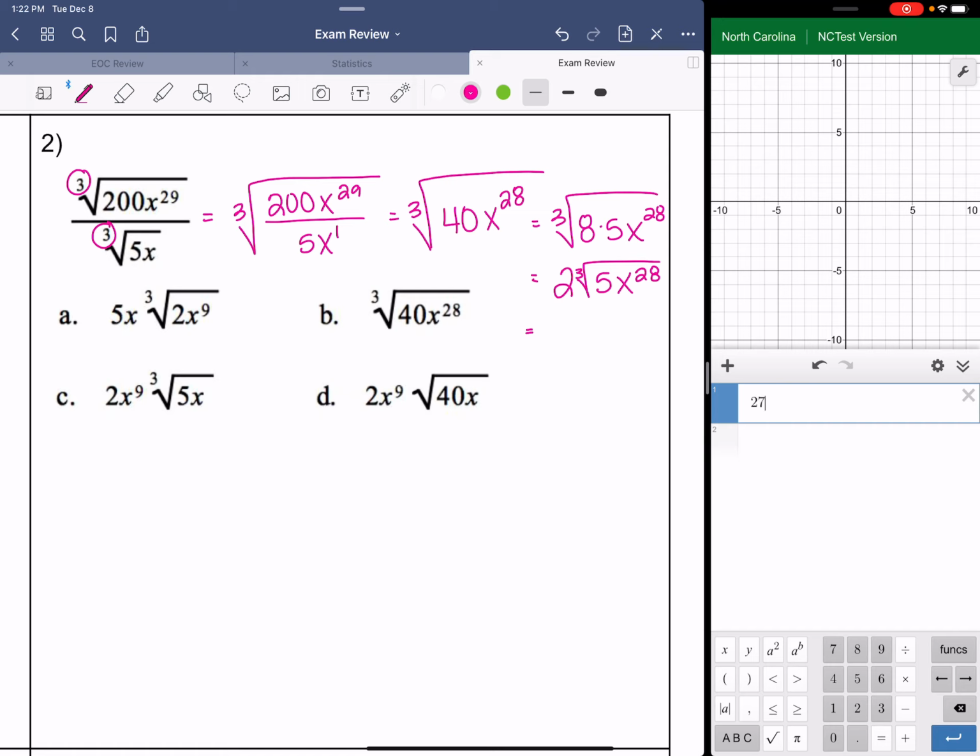Because 27 divided by 3 is 9. So we can take out an x to the 9th power, but we still have 1 left over on the inside because 9 times 3 gave us 27, not 28. So we still have 1 left over on the inside. Okay, and that's our final answer.